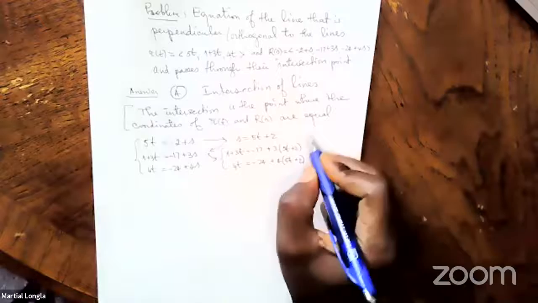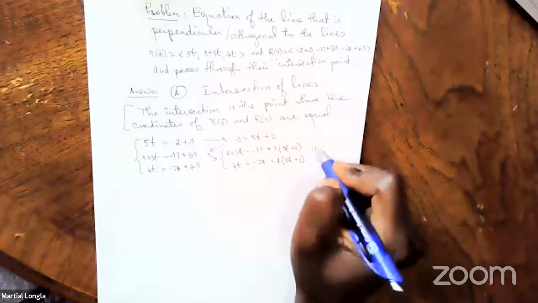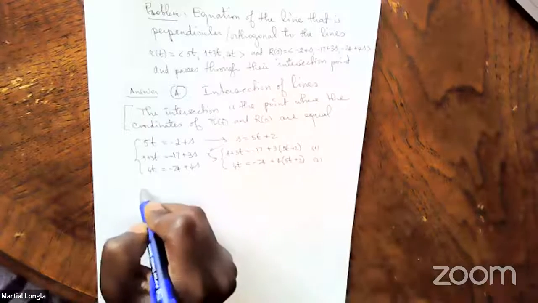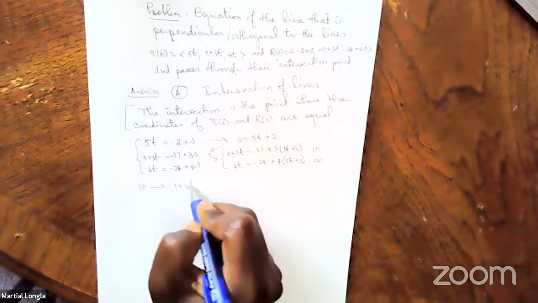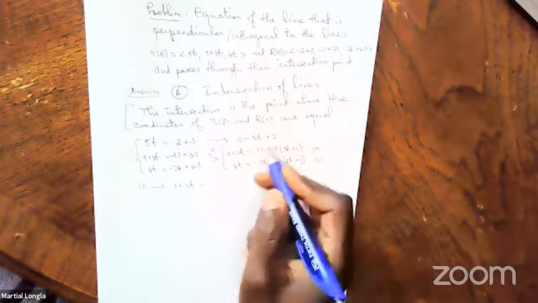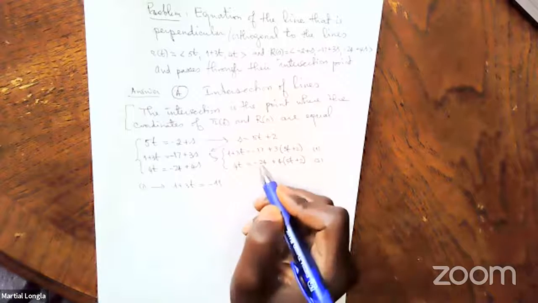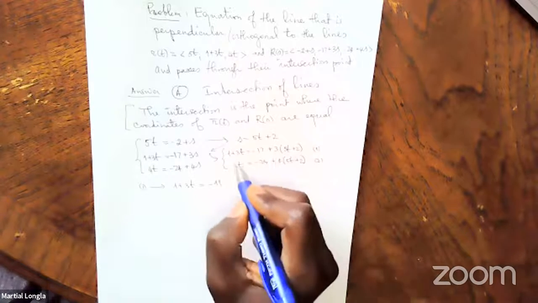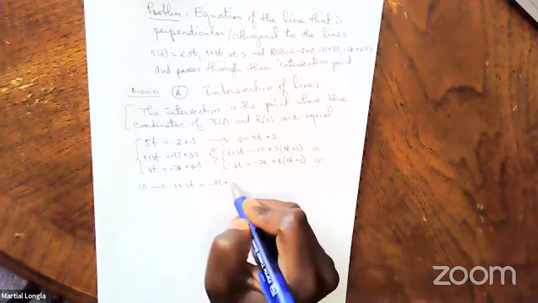So let's solve this one. Let's say 1 and 2. So 1 is going to tell you 1 plus 3t equals negative 17 plus 6, that's negative 11, since 3 times 2 is 6, plus 15t.